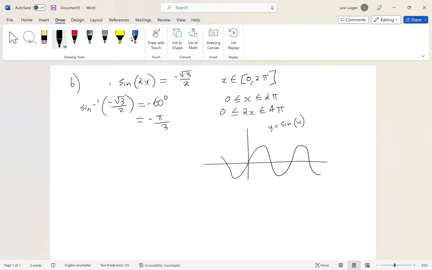Our first solution is here. So we have all these solutions here. And this is pi, this is 2 pi. Now we need to draw all this out to 4 pi. 3 pi, 4 pi. We can see we've got a lot more solutions than last time because we've dilated it by a factor of 2.